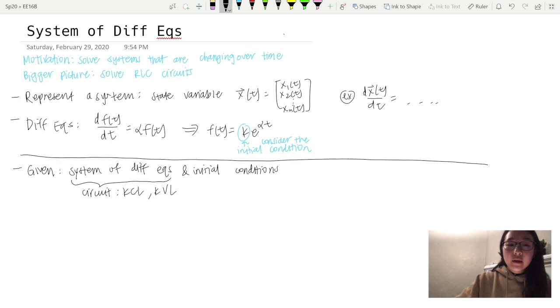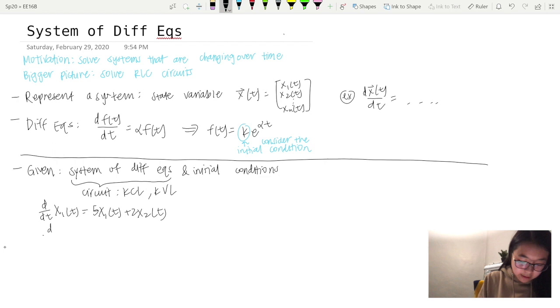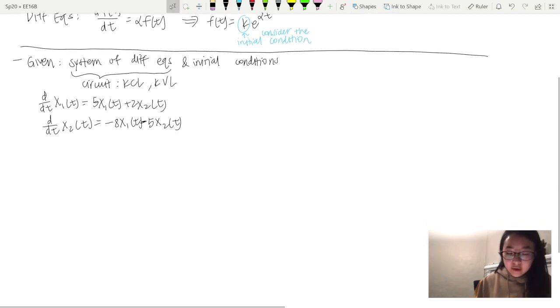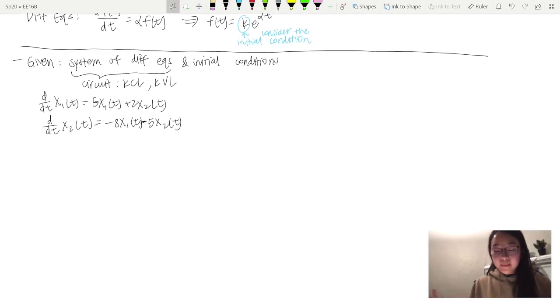So specifically, let's say you're given the equations d dt x1 of t is equal to, and d dt x2 of t is equal to, and these are the equations we are starting off with, our starting point.